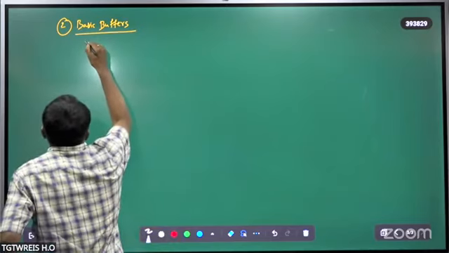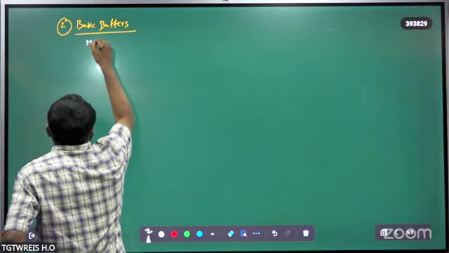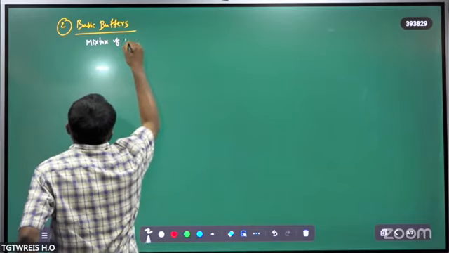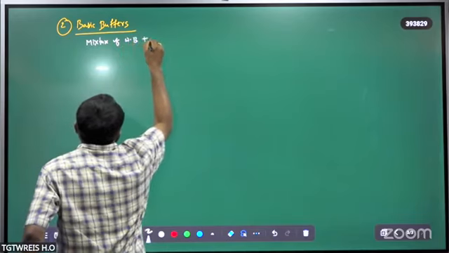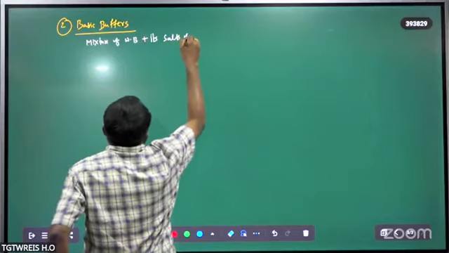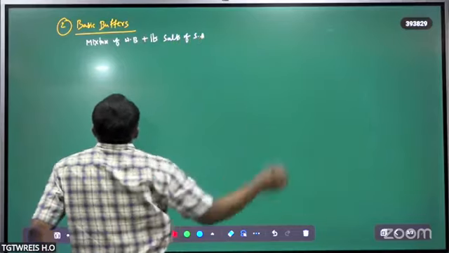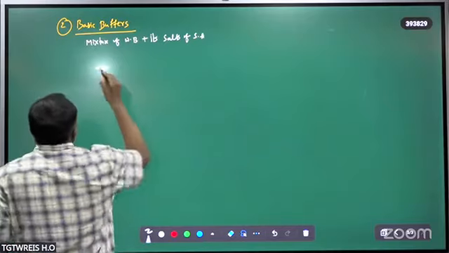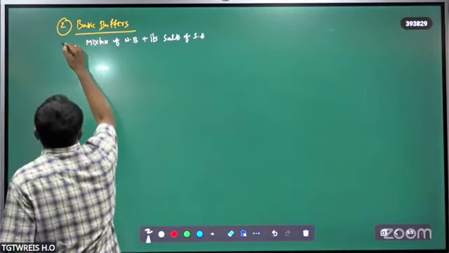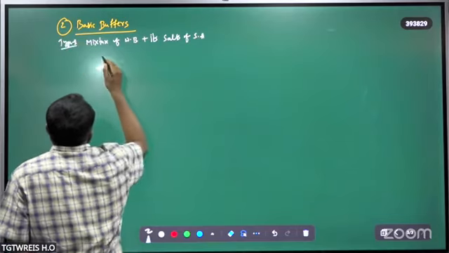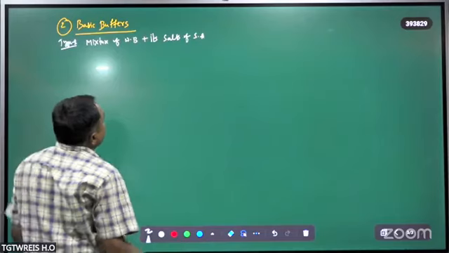A mixture of weak bases and their salts of strong acids. So this is type 1: a mixture of a weak base and its salt of a strong acid.